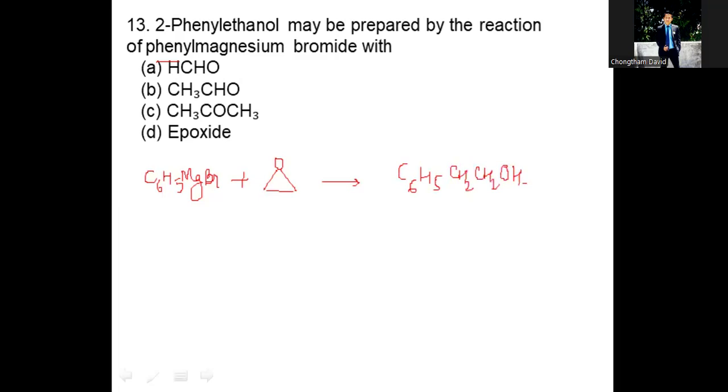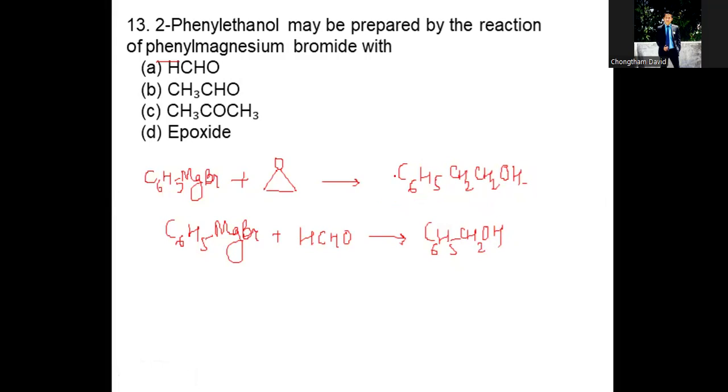But if I treat this same Grignard reagent, C6H5MgBr, with formaldehyde, 40% of which is called formalin, now I'm going to generate this alcohol, C6H5CH2OH. So 2-phenylethanol, this one which I've drawn here, is a primary alcohol.